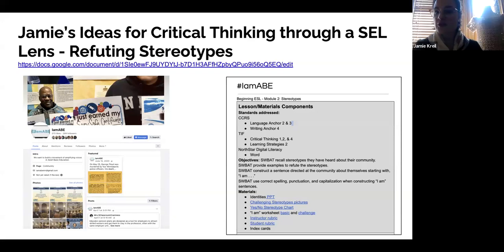That's correct. Yeah, the Google site and the Facebook page are separate. The Google site is where we host all of our materials, including past presentations. And then the Facebook page is where we engage with the community, and other ABE sites share their stories, their learner stories, or we have learners share their stories.